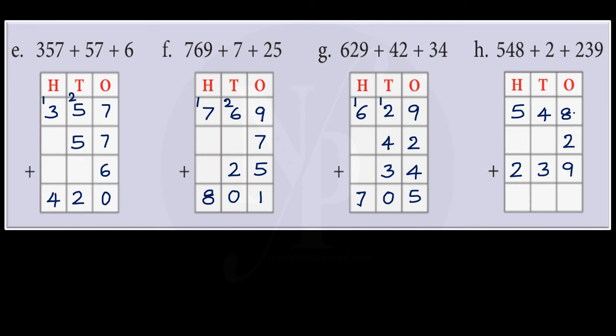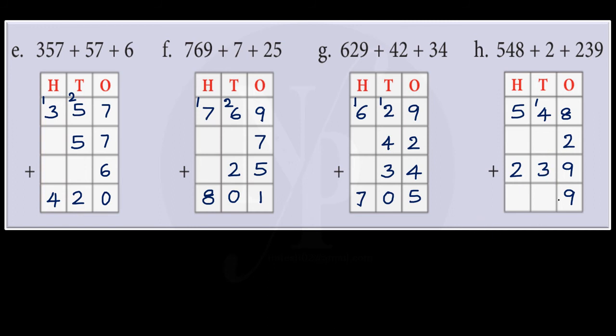Let us add now. Here in ones place we have 8 plus 2 is 10. 10 plus 9 is 19. So 19 ones are regrouped as 1 ten and 9 ones. So now we add the digits in tens column. 1 plus 4 is 5. 5 plus 3 is 8.